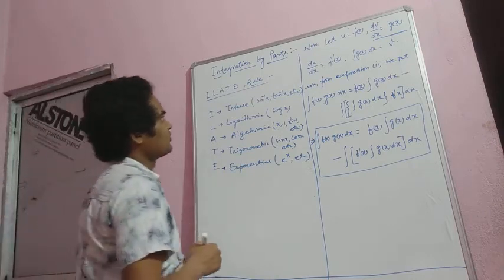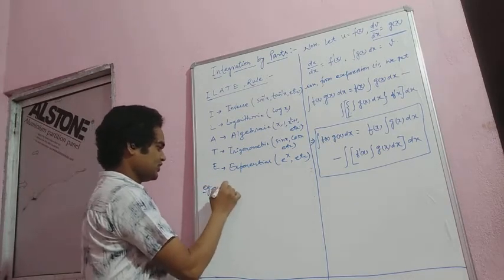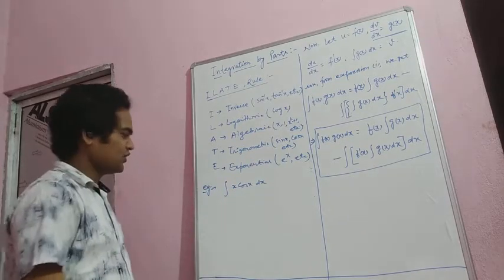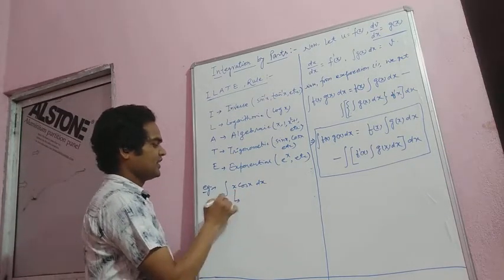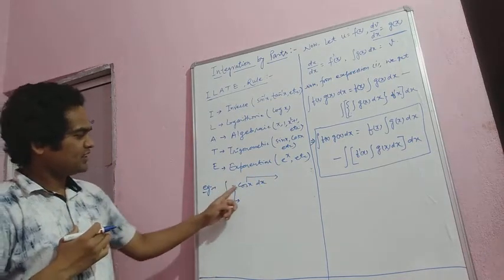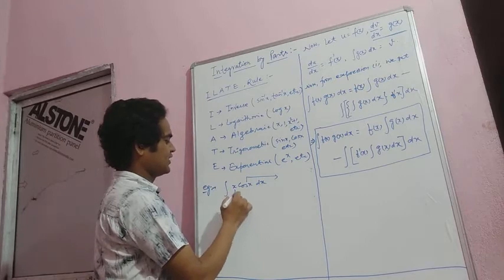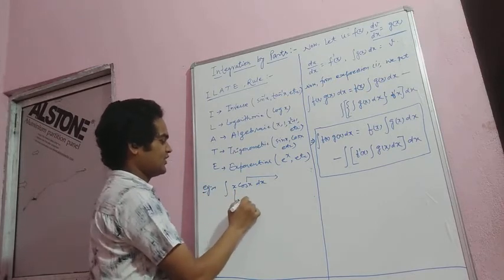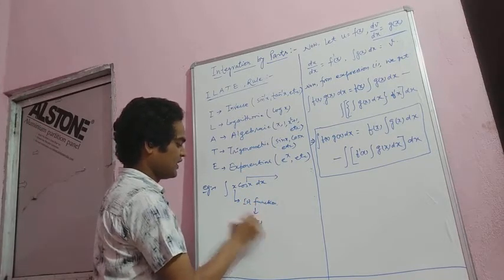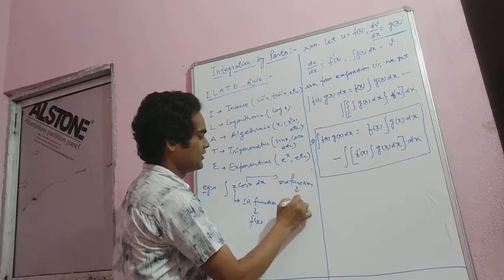Here, students, for example, if our given integrand is x cos x dx, here x is an algebraic expression and cos x is a trigonometric function. So we select x as the first function, that means f(x), and cos x as the second function, that means g(x).